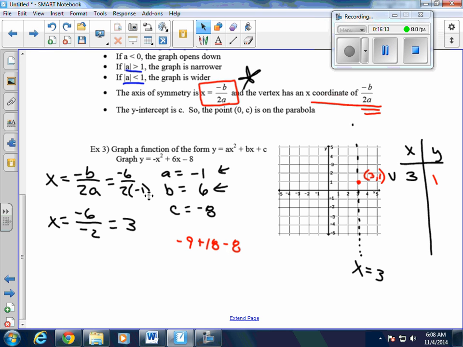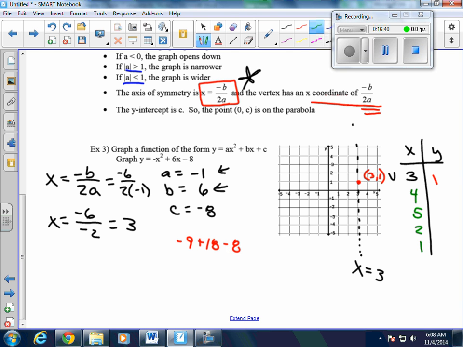Okay. So now that we have the vertex, we want 2 points on the right and 2 points on the left. So I'm going to put the x values on the right, 4 and 5, and the x values on the left, which are 2 and 1. Now the numbers for 4 and 2 should be the same, and the numbers for 5 and 1 should be the same because they're the same distance from the axis of symmetry.